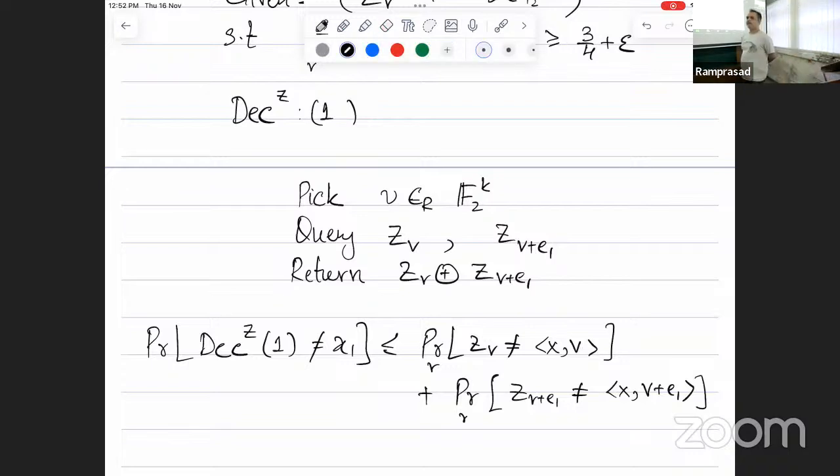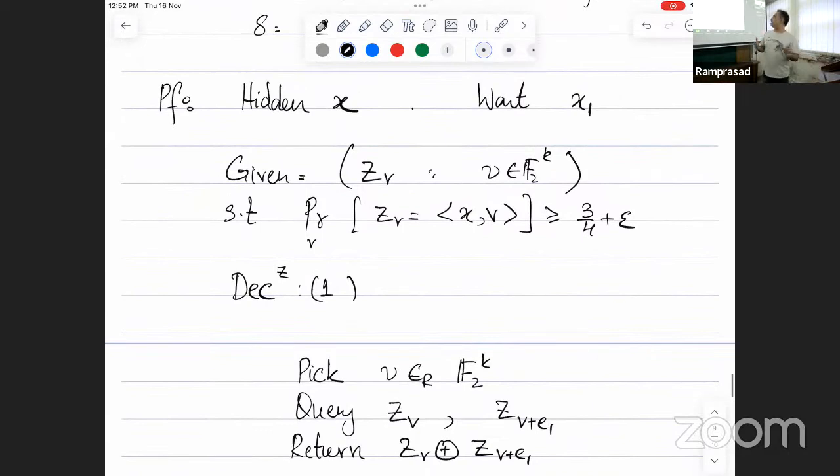Now, what's the chance that the first thing happens? The definition of z was that as I range over v's, it is equal to the inner product of x and v with probability at least 3/4 plus epsilon.